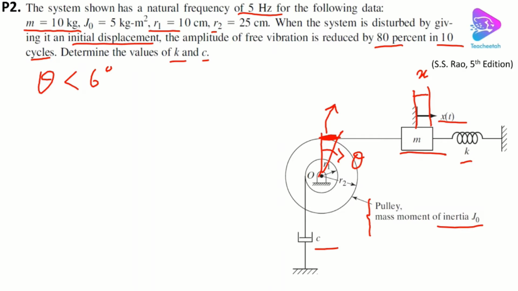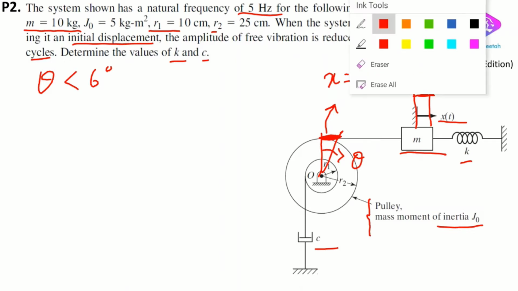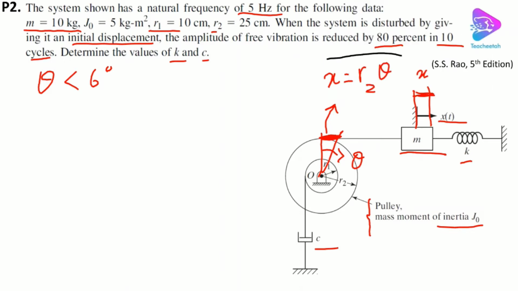Looking at these relationships, x is nearly equal to r theta. So x is equal to r2 theta, where r2 is the outer or larger radius. Just keep this in mind.